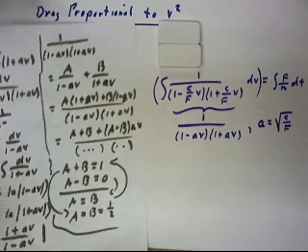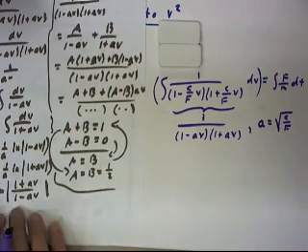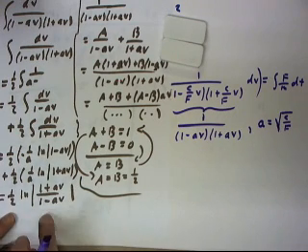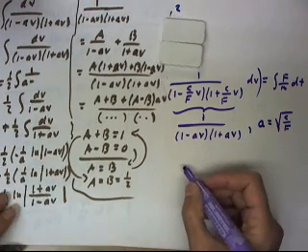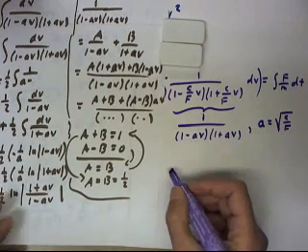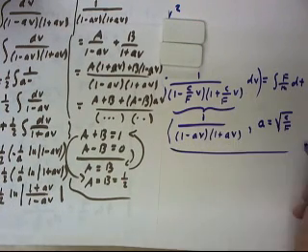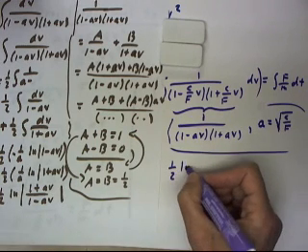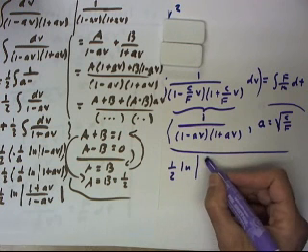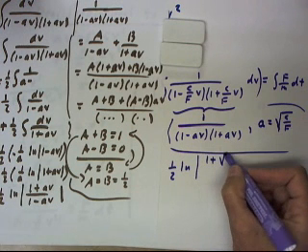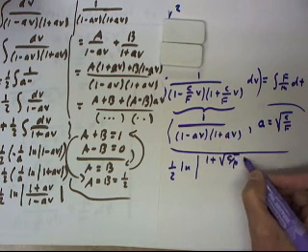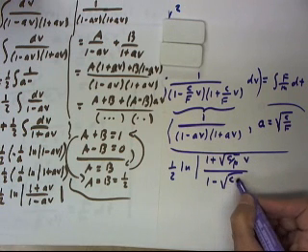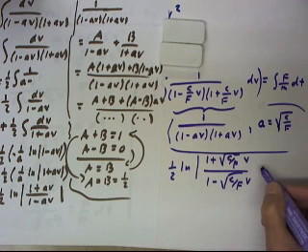The result for the integral, we recall, was 1/2 natural log of 1 plus av over 1 minus av, so that the left-hand side of our integral becomes 1/2 the natural log of the absolute value of 1 plus the square root of C over F v divided by 1 minus the square root of C over F v.